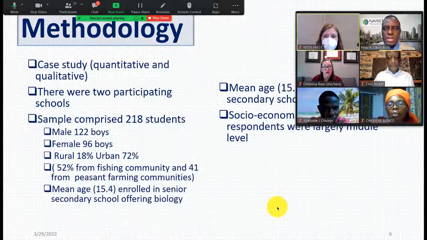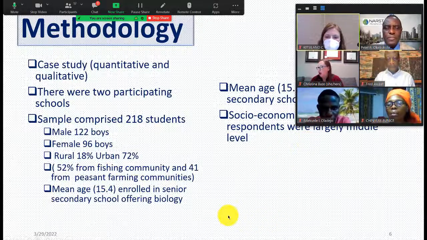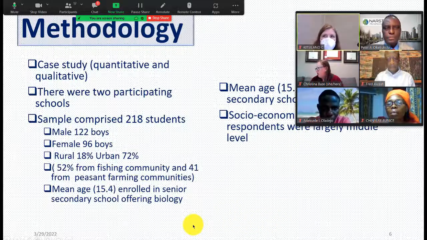So in one of the years in biology, because I go there to teach biology, and the other school was another federal college outside of Lagos. There were 218 students. You can see the breakdown of male and female, urban largely, and you can see the ages and other demographic characteristics of the students. So, a case study involving 2 schools.